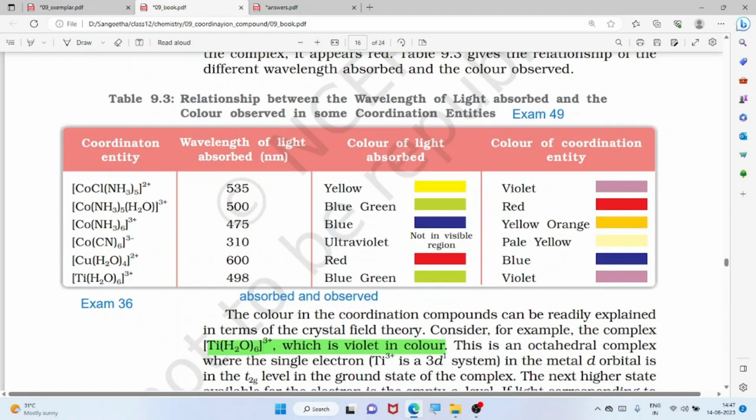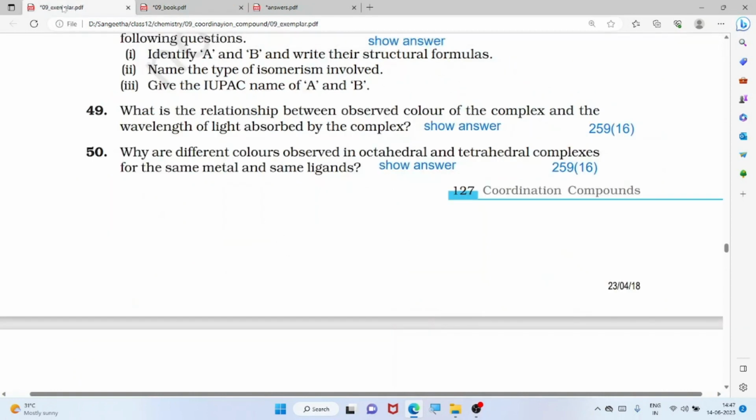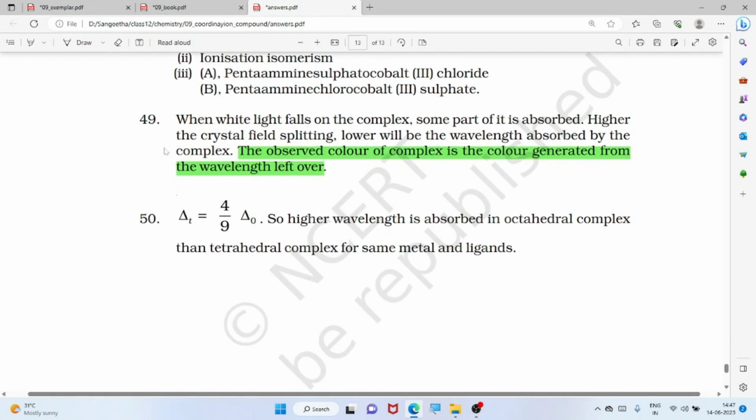This color is the leftover wavelength, and this is the absorbed wavelength. Okay, when white light falls on the complex, some is absorbed. The higher the crystal field splitting, the lower will be the wavelength absorbed by the complex. The observed color of the complex is the color generated from the leftover wavelength.